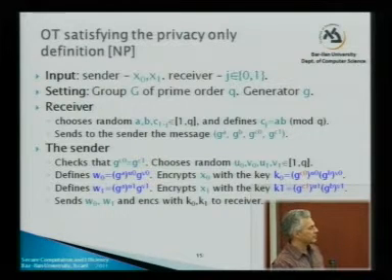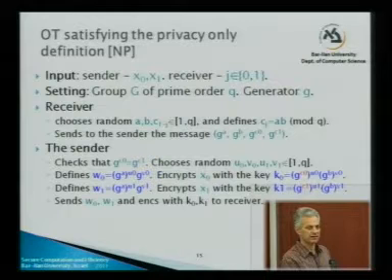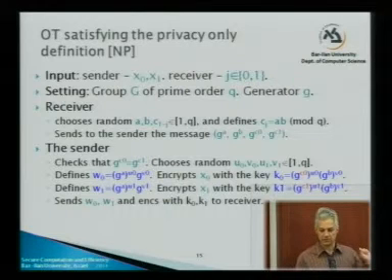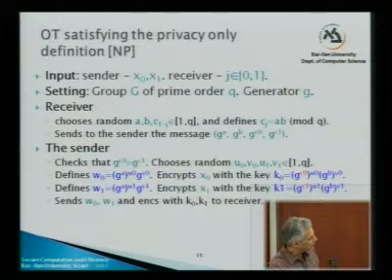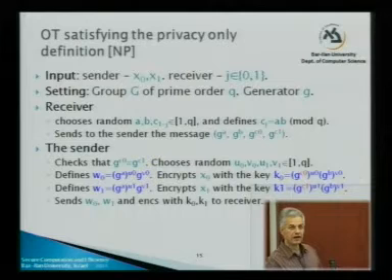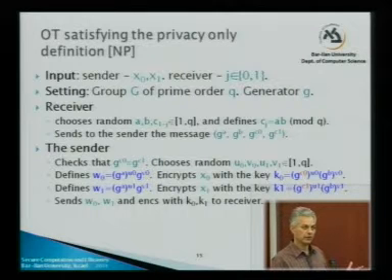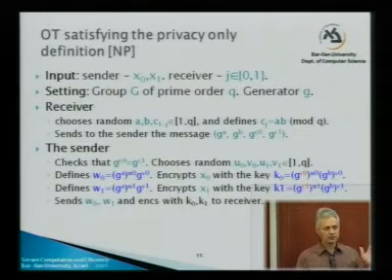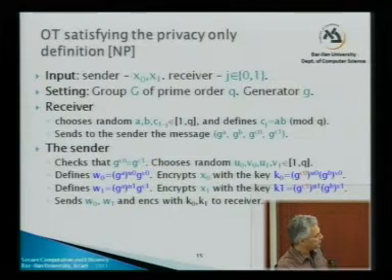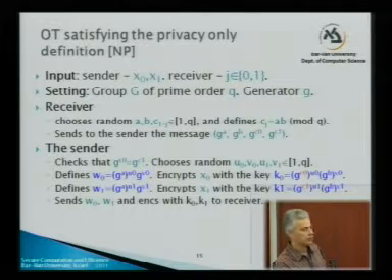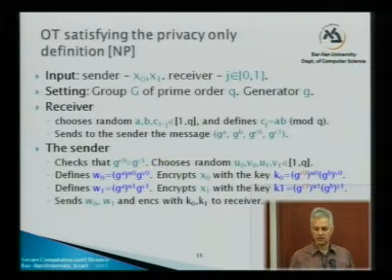Now it does exactly the same for the second item with some differences. First, here it used U0 and V0, and here it uses U1 and V1. Just a different set of randomness. The only other difference is that here we used g to the power of C0, and here we used g to the power of C1.